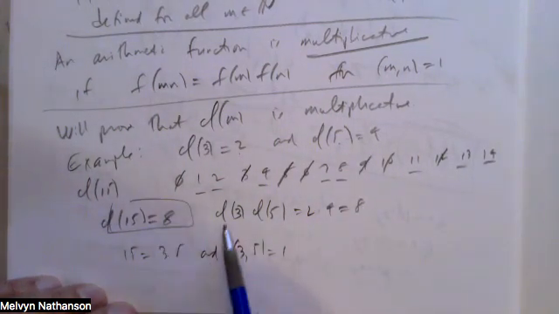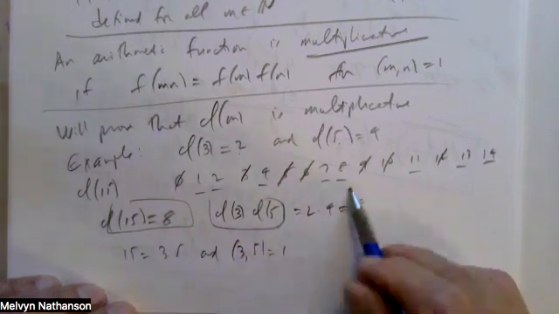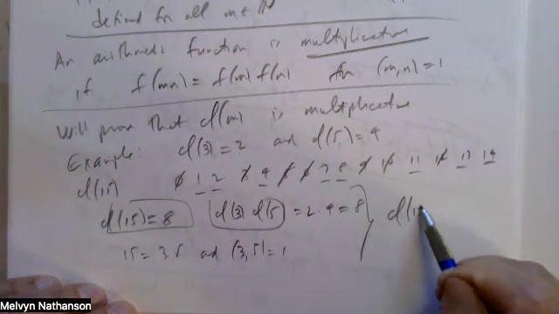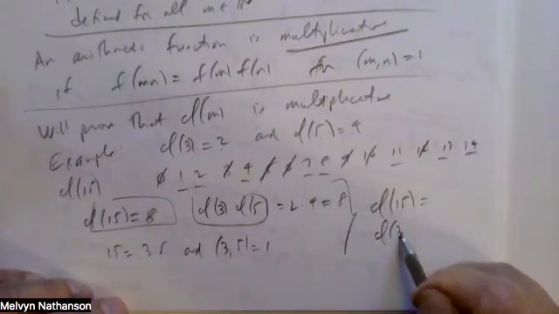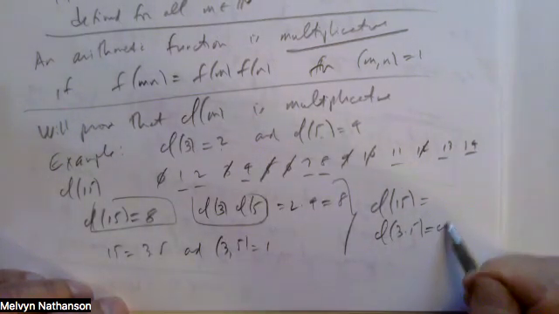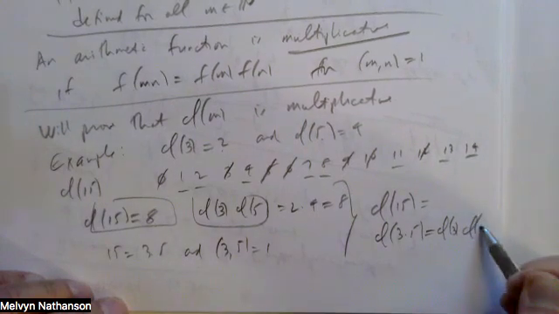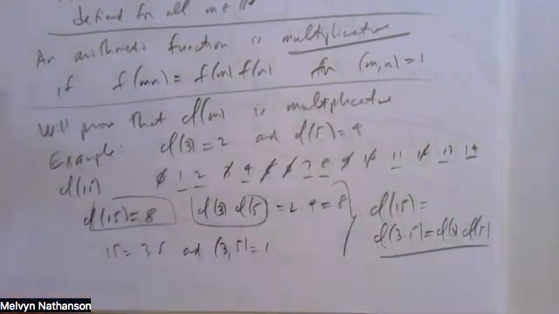So in this example, we see phi of 15 is phi of 3 times 5, which is in fact phi of 3 times phi of 5. So this is an example of what it means to say that the Euler phi function is multiplicative. Okay. So this is an important concept in number theory.